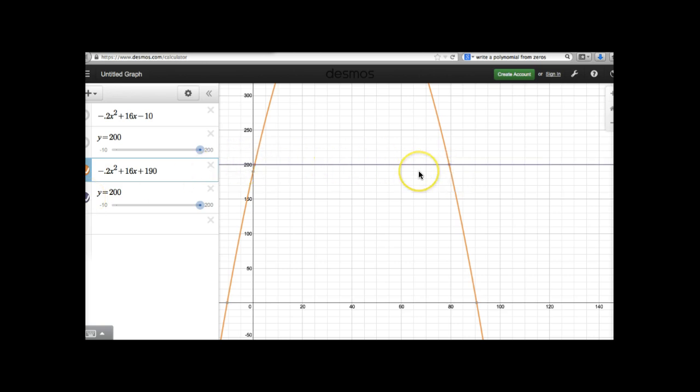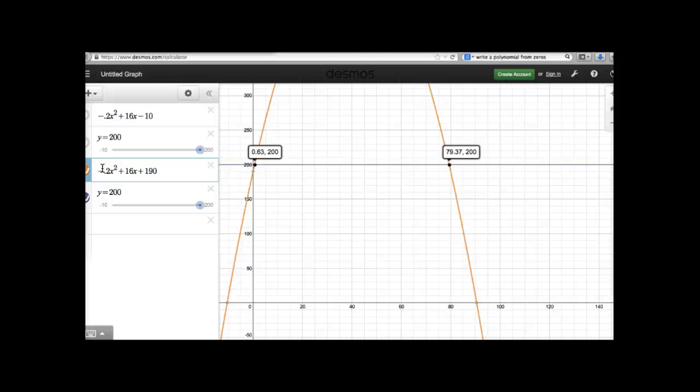Now it's really easy to look at the intersection points right here, 0.63 and 200, and $79.37 and 200, and you can find your answers that way too. That's a really good way for you to check your work, doing it graphically. It's very helpful. Any questions on that?